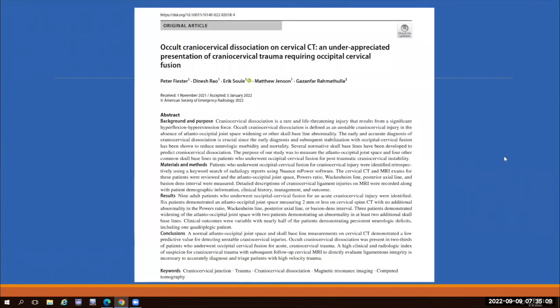It's important to realize that you can have an occult craniocervical dissociation injury on cervical CT. Remember we talked about the joint space on CT between the atlas and condyles. Well, you can have a normal joint space and still have very significant injury.